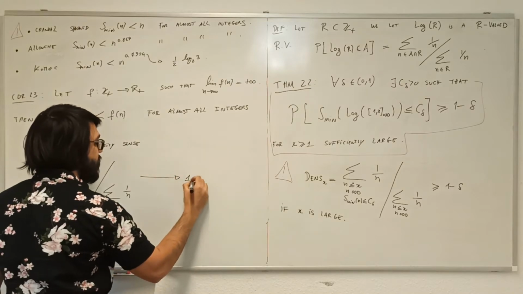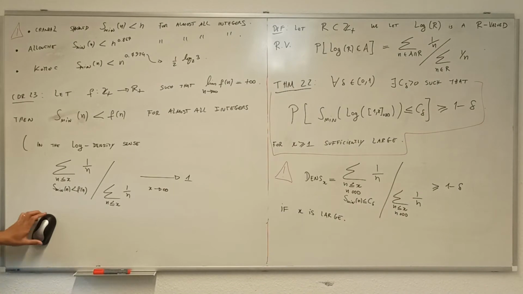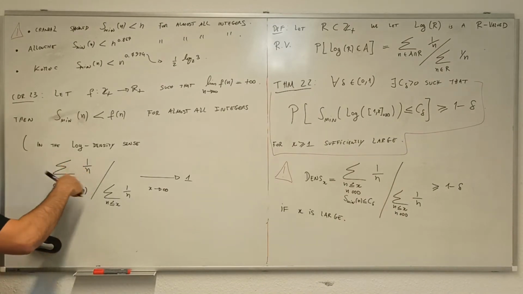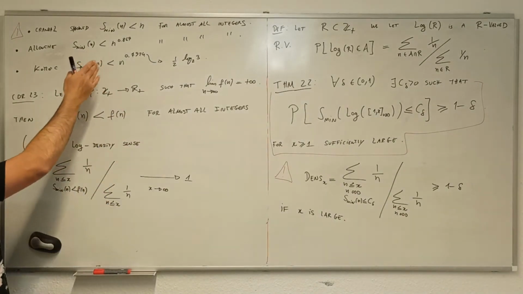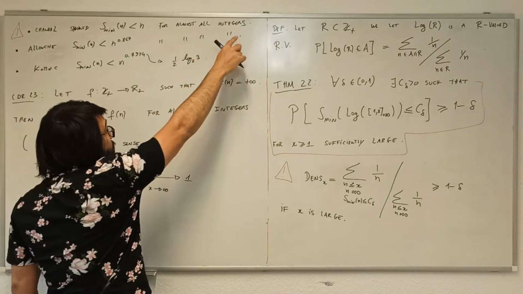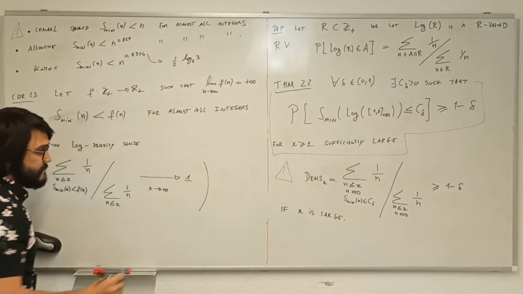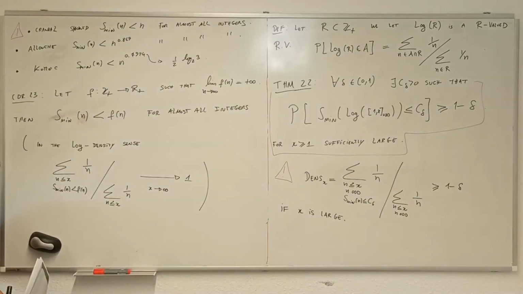That converges to 1 as x converges to infinity. Okay, that's what it's saying. So if you replace this by the counting measure, it will be exactly the almost all that they used before, but in here he's using it in the log sense.